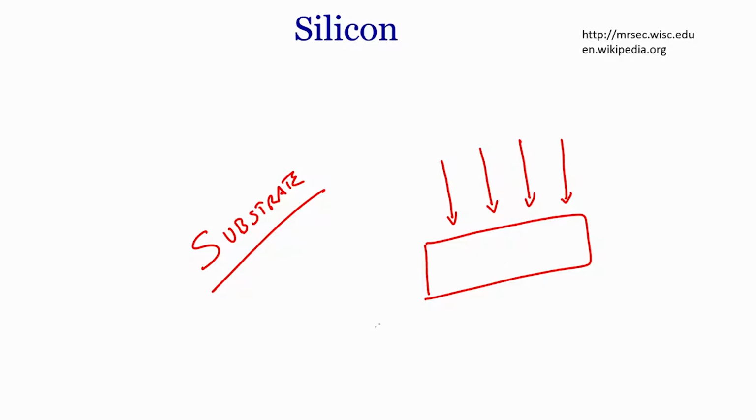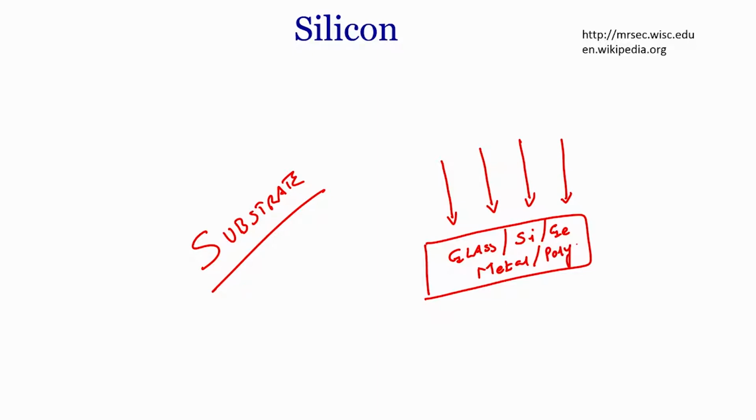Now, this material can be glass, so glass can be used as a substrate, this can be silicon, this can be germanium, this can be an insulating material, as we have already discussed, this can be a metal as well, this can be a polymer as well.